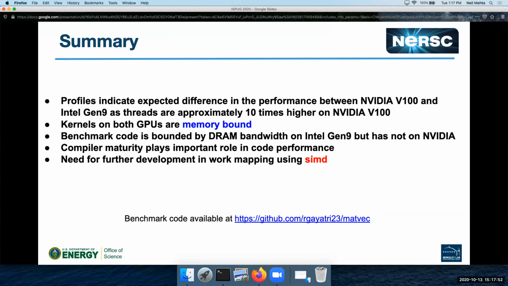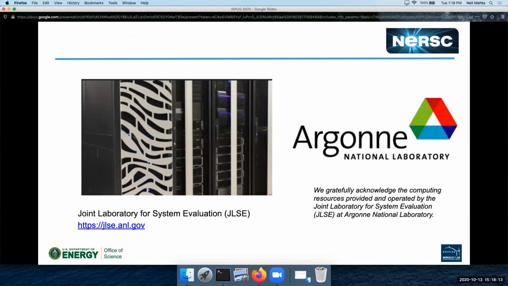However, even though the kernels are memory bound on both these machines, the benchmark code is bound by the EDRAM bandwidth on Intel Gen9, but not on V100. And so we believe compiler maturity plays an important role in how the code performs, and we need further development work in mapping using the SIMD directives.